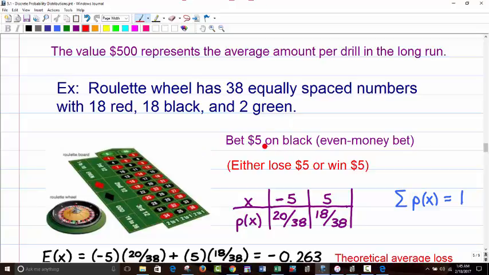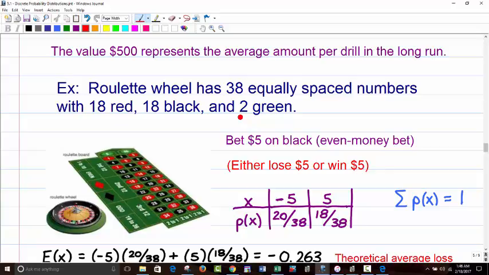So we're going to bet black. We decided, okay, $5 on black. So there are only 2 outcomes here. You either lose $5 or you win $5. There's no other outcome. Now we have to figure out the corresponding probabilities of those 2 things happening. Losing $5: we look at this distribution of colors here.